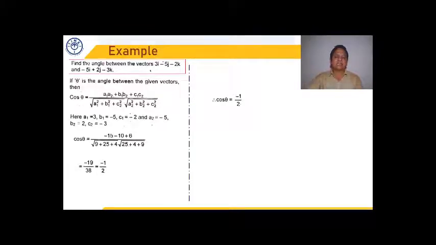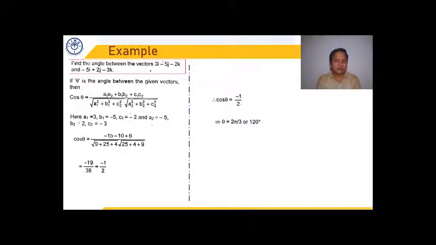Cos theta is minus 1 by 2. So theta is such that cos theta half means pi by 3, but it should be in the first quadrant. Since it says negative, theta lies in the second quadrant. So in the second quadrant, 180 minus 60 is 120 degrees, that is 2 pi by 3.